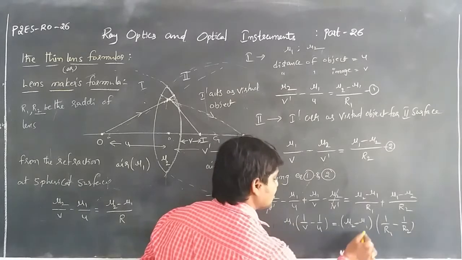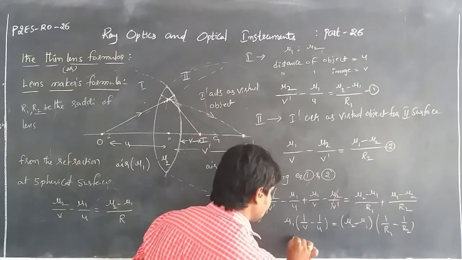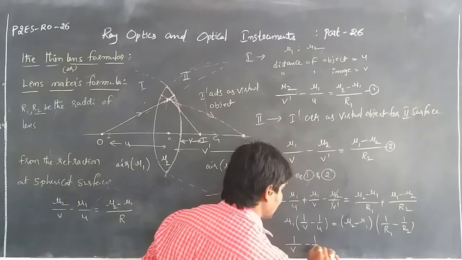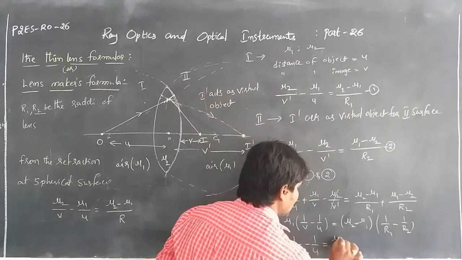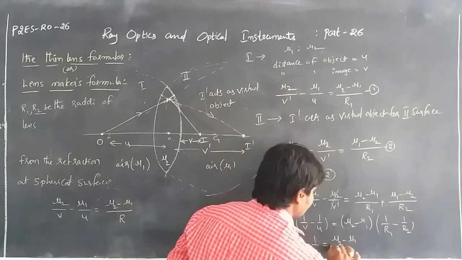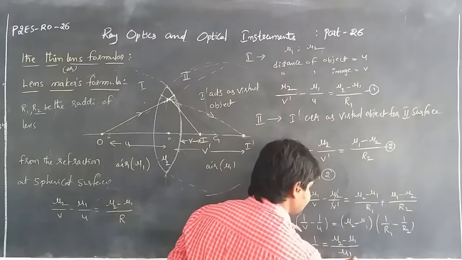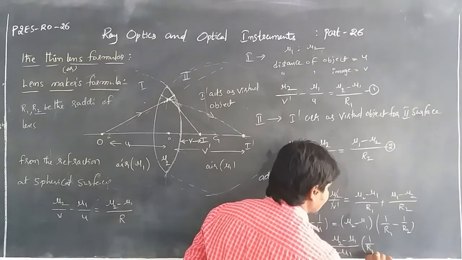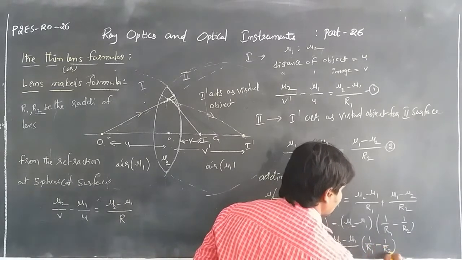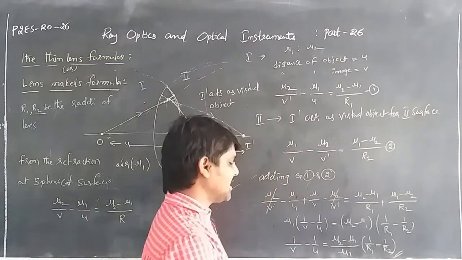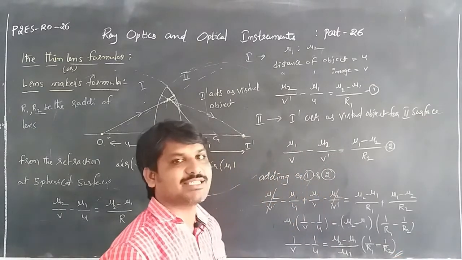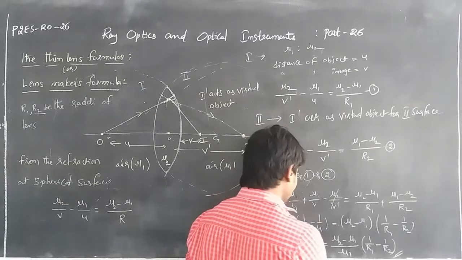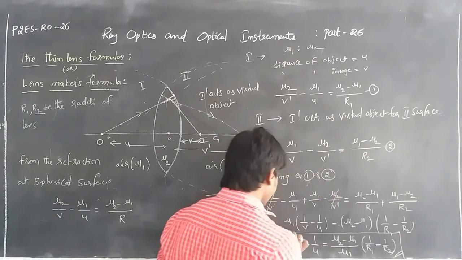Then mu1 taken to this side becomes the denominator, so 1 by v minus 1 by u is equal to mu2 minus mu1 by mu1 of 1 by r1 minus 1 by r2. This can be considered as an equation, the lens maker's formula.